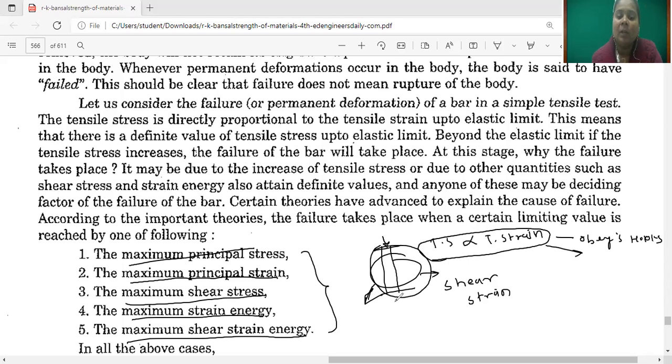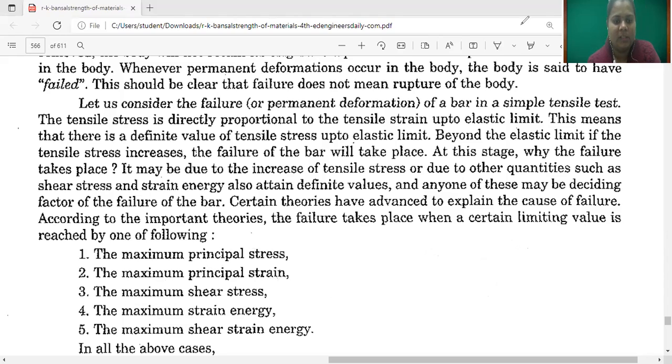At that time, tensile stresses will be increased, and due to these increased stresses, the failure of the bar will occur, and this failure we will find out by using these 5 theories. Now we will see the 5 theories one by one.